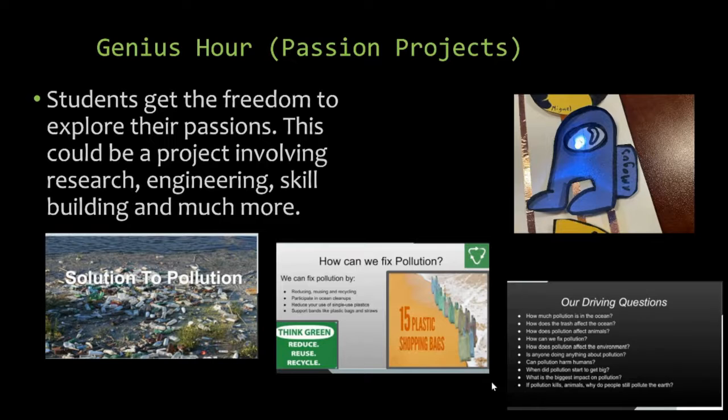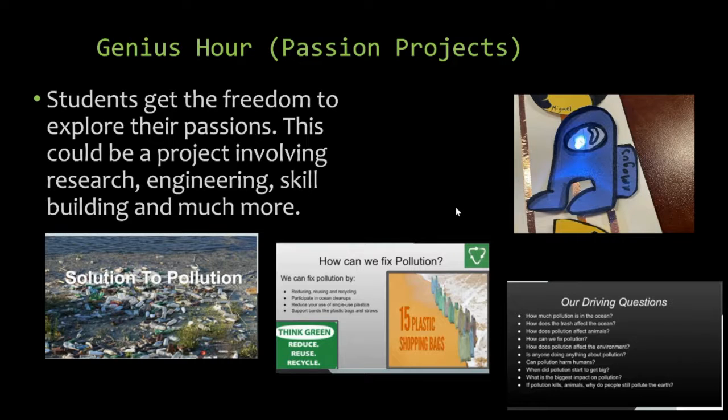One of my favorite parts of Genius Hour is when students become passionate about a cause. A lot of times this happens when we are going over a human impact unit. So this is a student's Genius Hour down here at the bottom, these slideshow captures. They had a solution to pollution that they came up with.